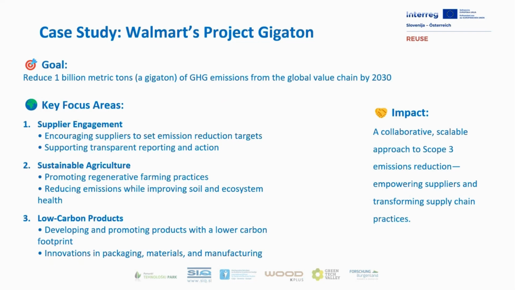Walmart works to expand the development and sale of products with lower carbon footprints, whether through better materials, production methods, or packaging. So by collaborating with suppliers and giving them tools and support to reduce their emissions, Walmart is addressing one of the most significant and most difficult parts of its Scope 3 footprint.